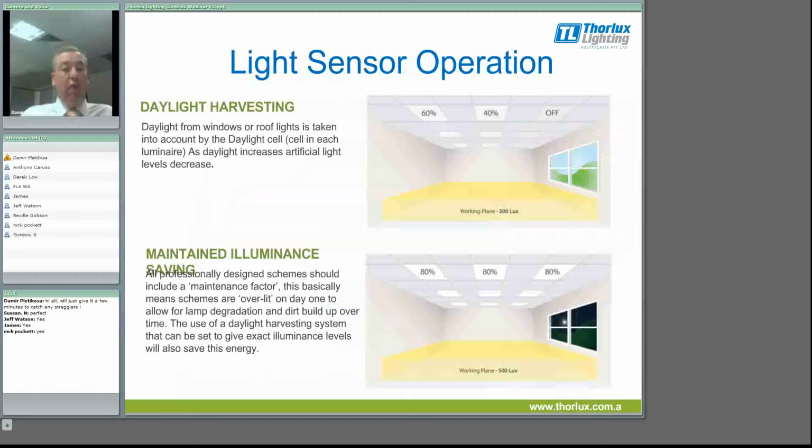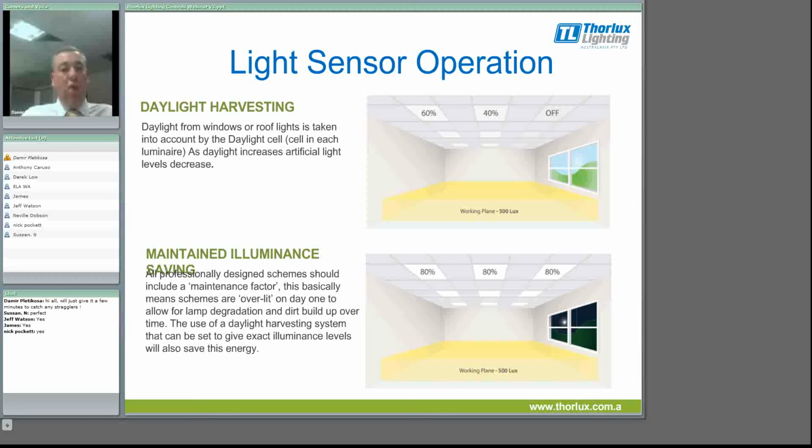We also have maintained illuminance savings. So even if there's no daylight coming in through the windows or the roof lights, nowadays when we design a lighting scheme, we have to take into account lamp degradation, luminaires getting dirty, interior surfaces getting dirty.